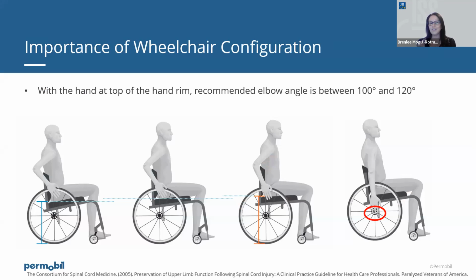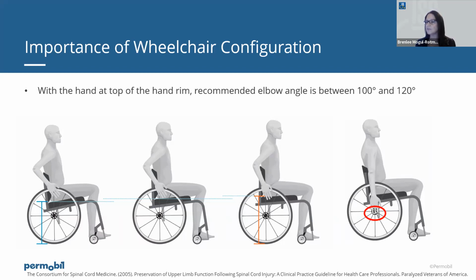If the wheelchair itself isn't configured effectively for the client and their back support's not positioned to enhance that configuration and position them over the rear wheels and give them good access to the wheels, we know that we're not going to get optimal propulsion. So the Consortium for Spinal Cord Medicine, PVA, recommends that to get the best wheel access and push firm propulsion, we want, I'm going to read these angles here, the client's elbows to be flexed between 100 and 120 degrees when the hand is at dead center.